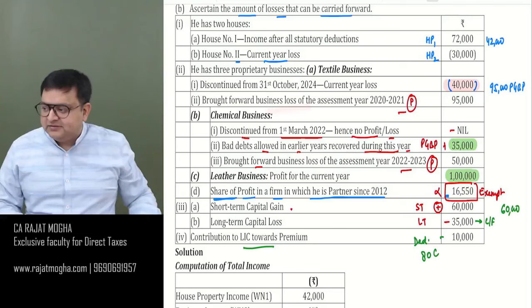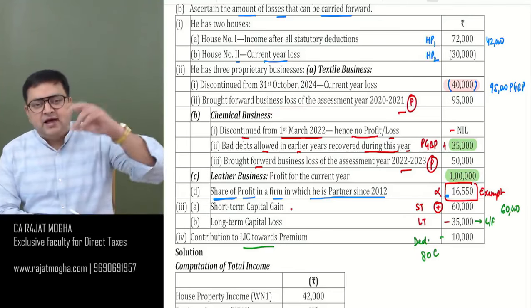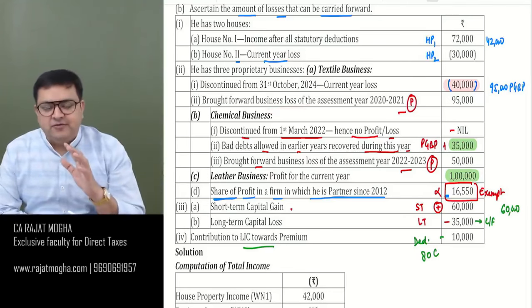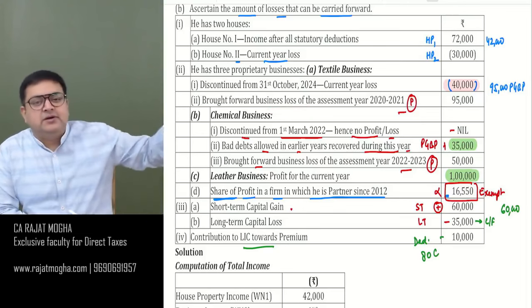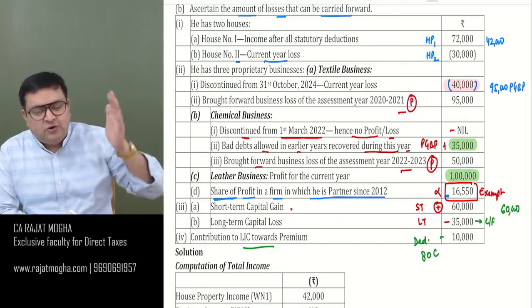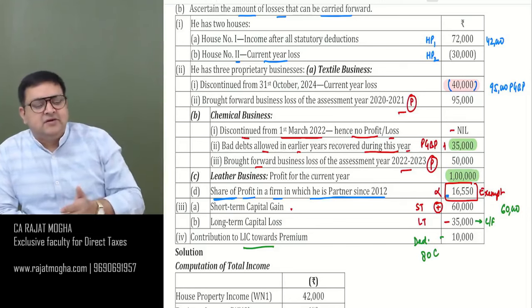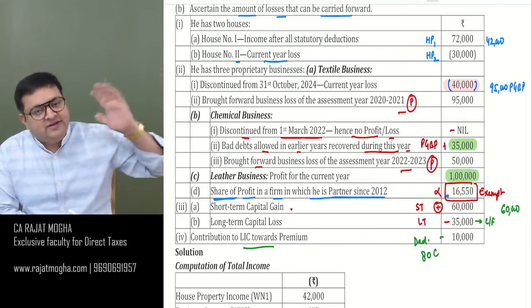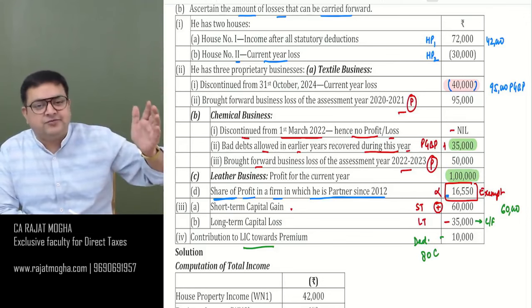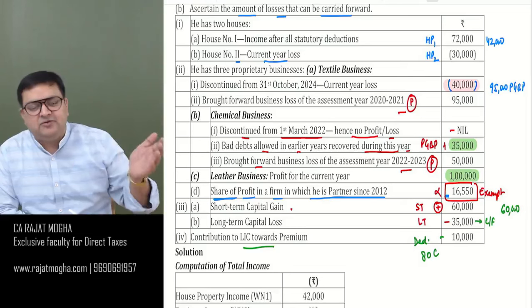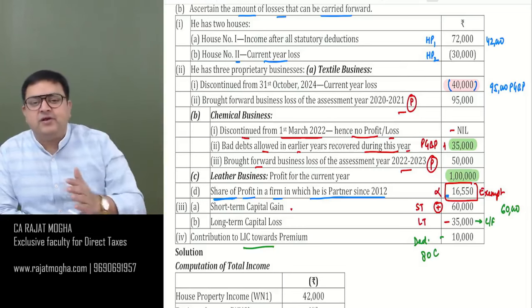Brought forward losses. And you understand, last 8 years losses can be carried forward. Last 8 years losses can be set off. But if it is beyond 8 years, please also remember that if the examiner is giving you any losses which are beyond 8 years old, it is expired, you can't set it off. Right? PGBP losses can be carried forward only for 8 years.